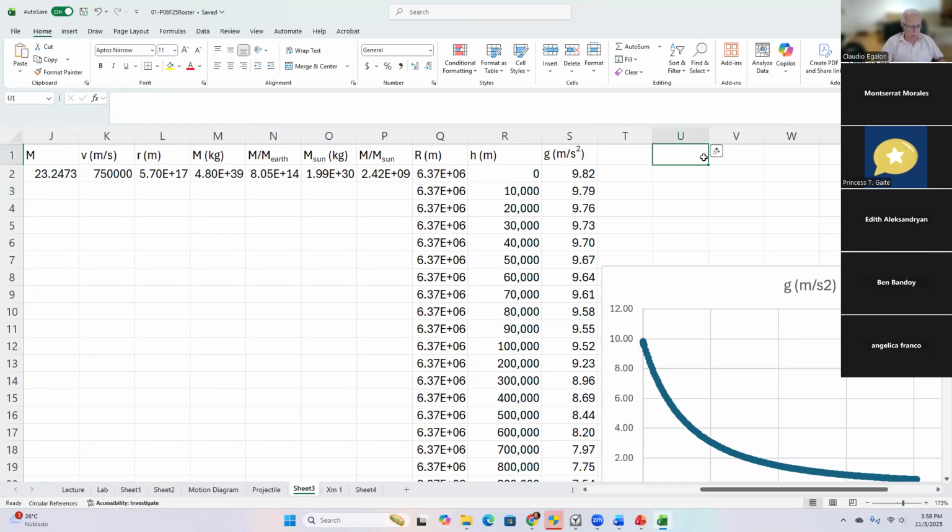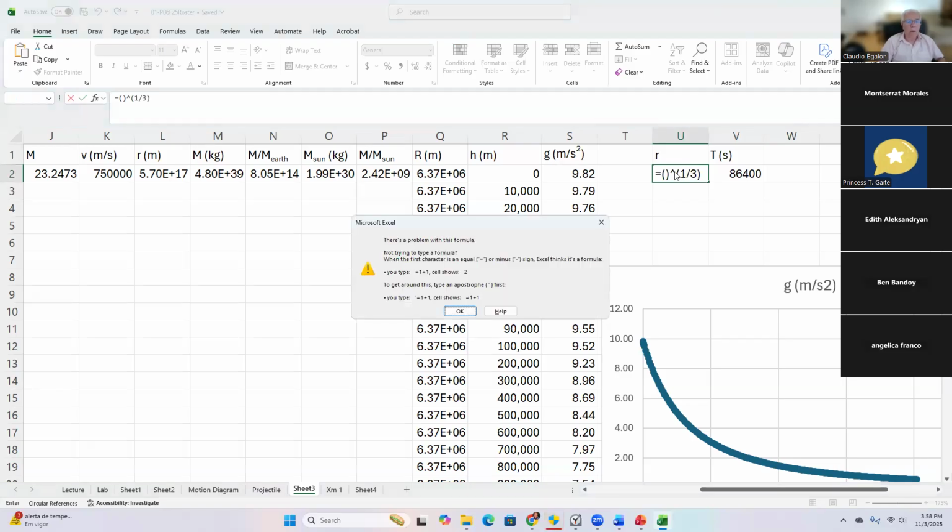I want R, right? And the period. We want an equation here. Period should be 24 hours times 3,600 seconds, right? And my equation here should be the cubic root.